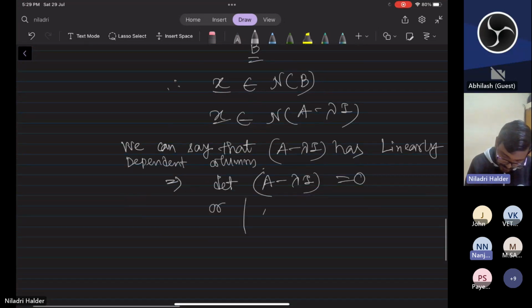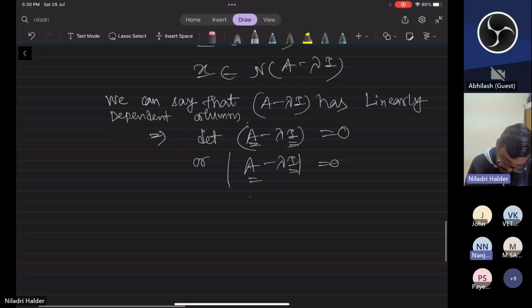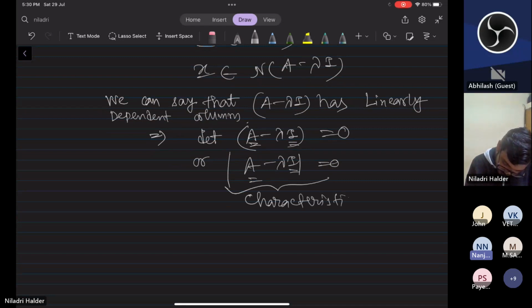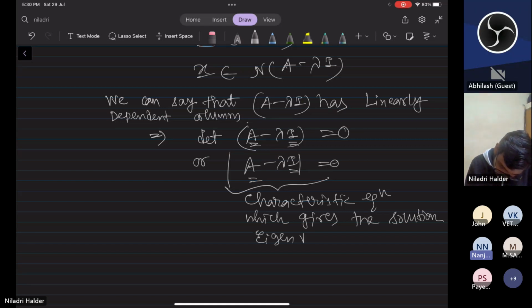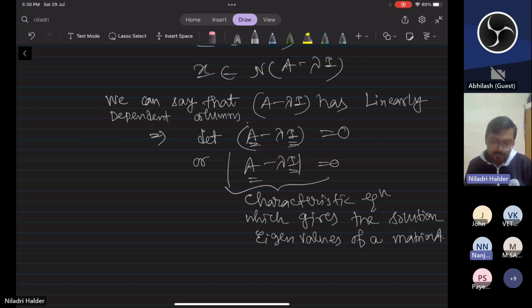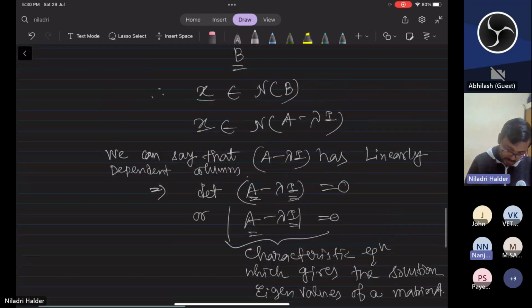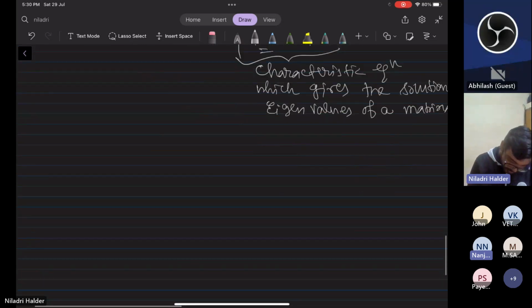The determinant of A minus lambda I equals 0 is the characteristic equation, which gives the solution of the eigenvalues of a matrix A. So this is the eigenvalue and eigenvector. Then we'll go for another topic, that is norms and inner products.